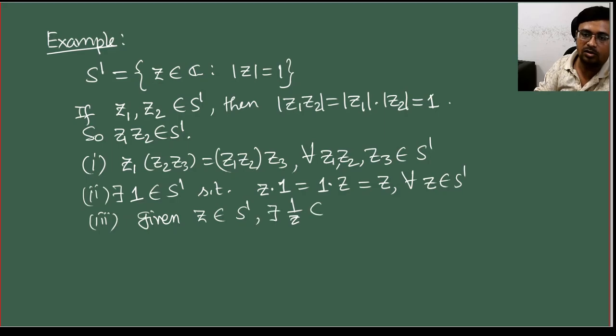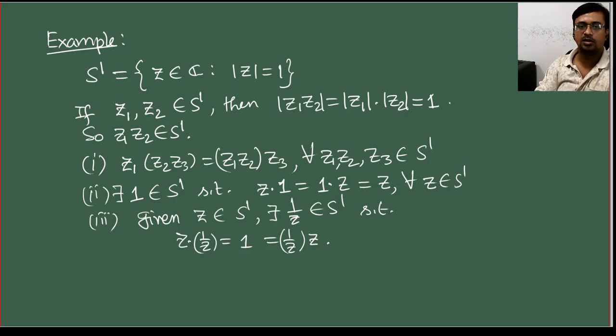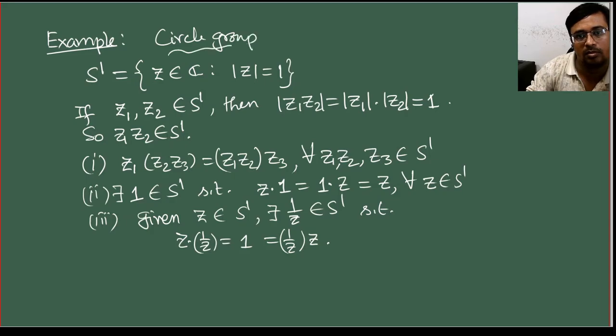So 1 by z belongs to S1, and z times 1 by z is equal to 1, equal to 1 by z times z. Therefore S1, the unit circle in the complex plane, forms a group with respect to multiplication. We call it the circle group.